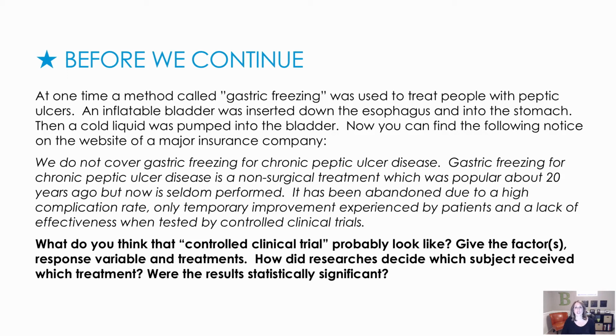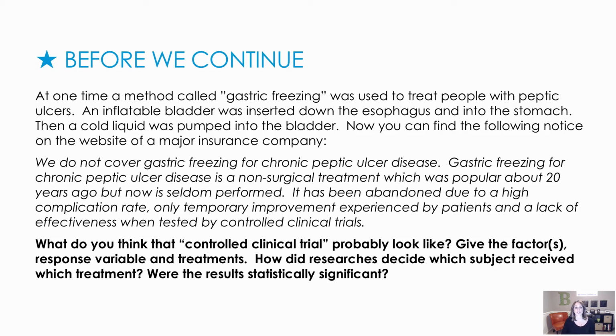Now, the insurance company put a notice on their website that says, we do not cover gastric freezing for chronic peptic ulcer disease. Gastric freezing for chronic peptic ulcer disease is a non-surgical treatment which was popular about 20 years ago, but is now seldom performed. It has been abandoned due to a high complication rate, only temporary improvement experienced by patients, and a lack of effectiveness when tested by controlled clinical trials.